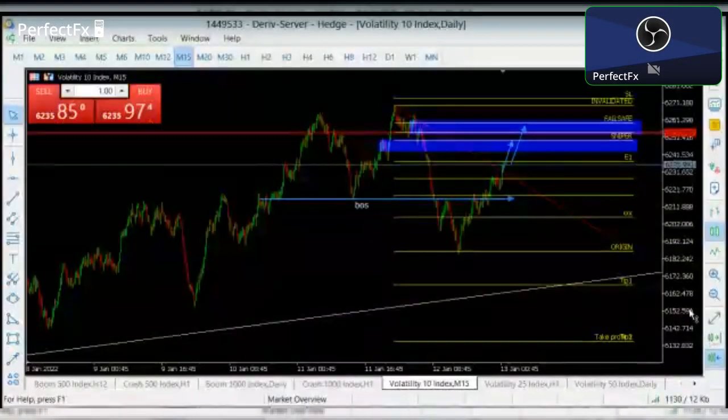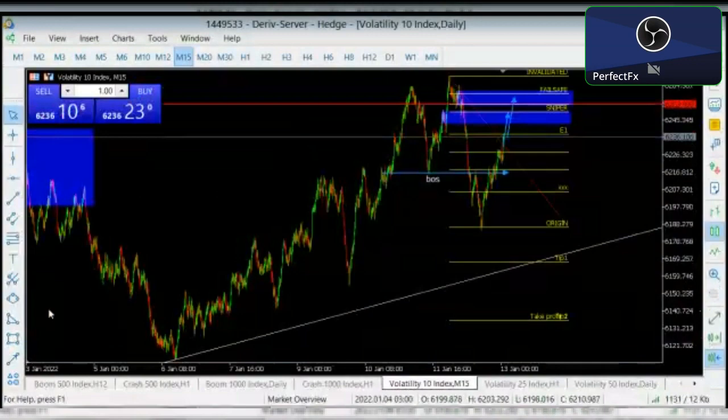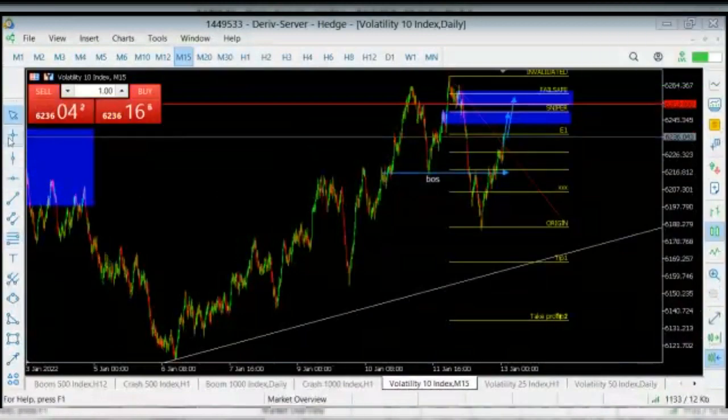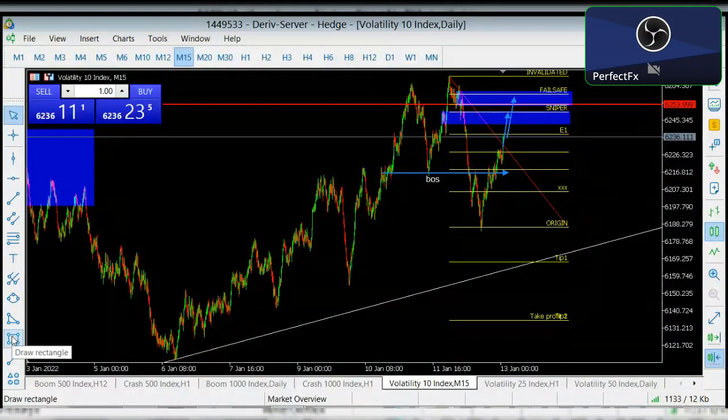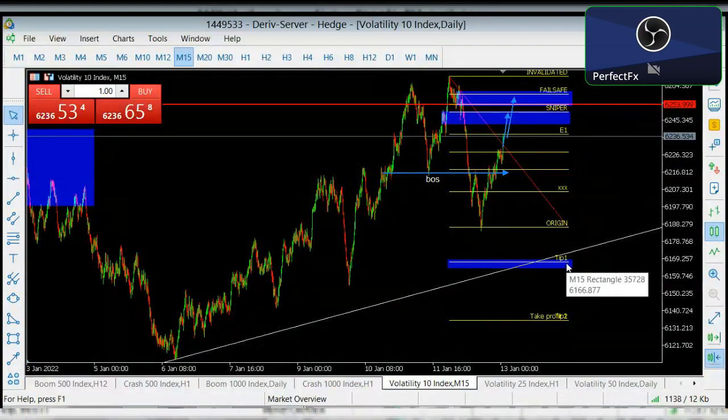And where I'll be aiming to exit the market will be a very interesting point also in the market, a point where there's every tendency that market sells to. The first point of interest will be my tip one, which signifies my first take profit.